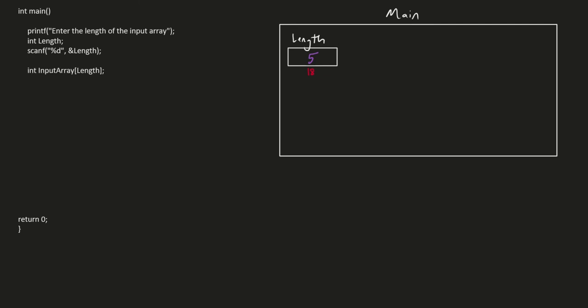Which means our next line of code, we just need to create that array with that length of 5. And I'm naming the array input array. It has 5 elements. And I'll just give it some dummy base address, so 50, 51, 52, and etc. Of course, there's no data in this array yet.